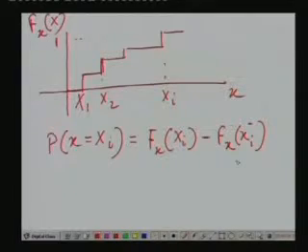So this difference will be exactly equal to the probability of x taking xi. You can even call it pi. This is the case of a discrete random variable.